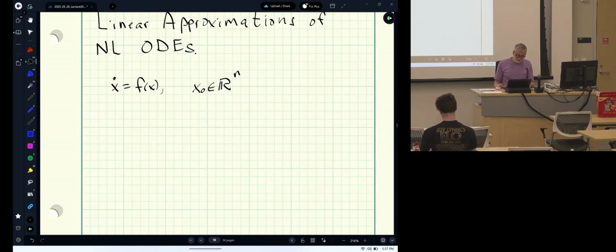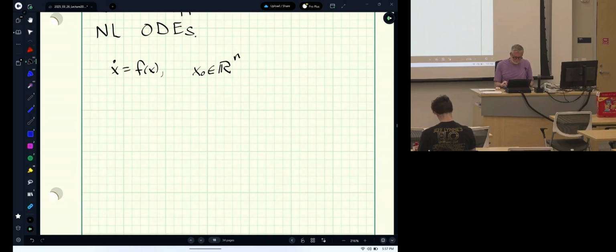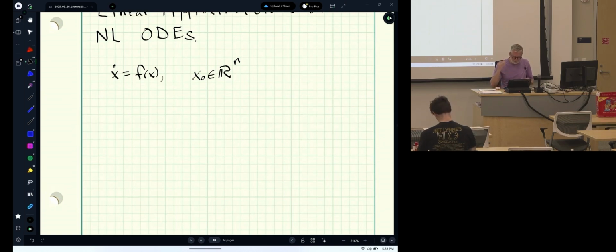We've seen that if that right-hand side were linear, then we know a lot about the solution. We just calculate eigenvalues, mostly the eigenvalues of A is what we're after. So when it's nonlinear, what can we do to help understand this better?